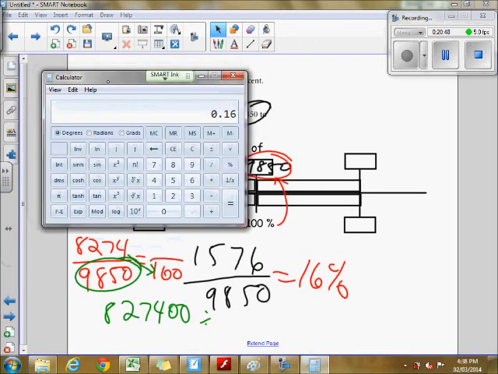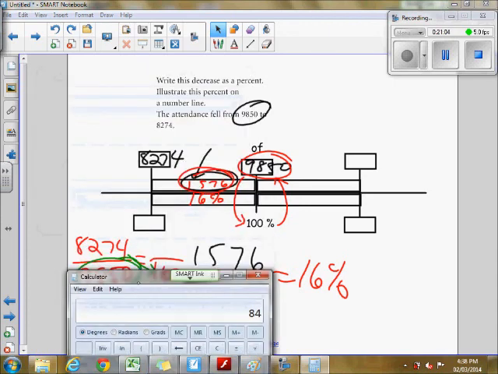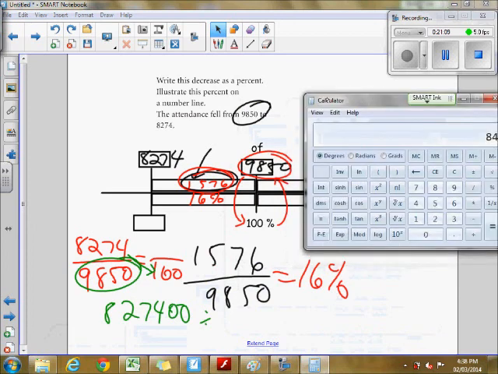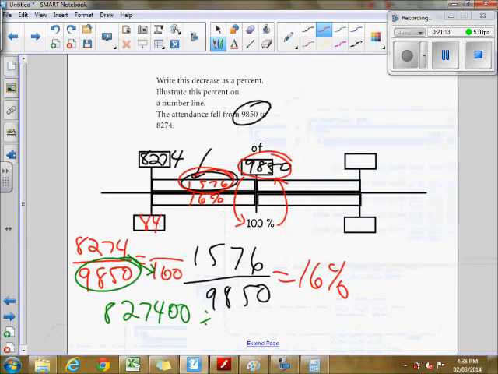So let's try this out, see if this works. So that's 827,400 divided by 9,850. This won't give us our final answer, but we see we're at 84%. Well, 84 is 16% less than 100. So those are three ways that we can use to try to solve this.